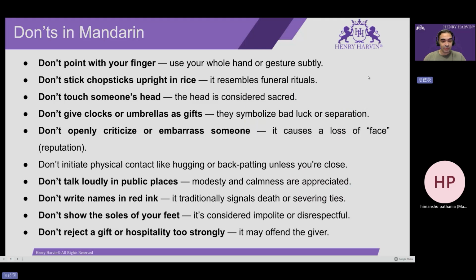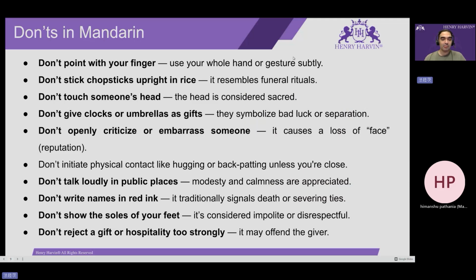And don't reject a gift or hospitality too strongly, because it may offend the giver. So when you are trying to reject a gift, or if you don't want to take the gift, try to reject it in a polite approach as much as you possibly can, because if you reject a gift too strongly, then it will offend the giver and it will not leave any good impact on the giver's side.